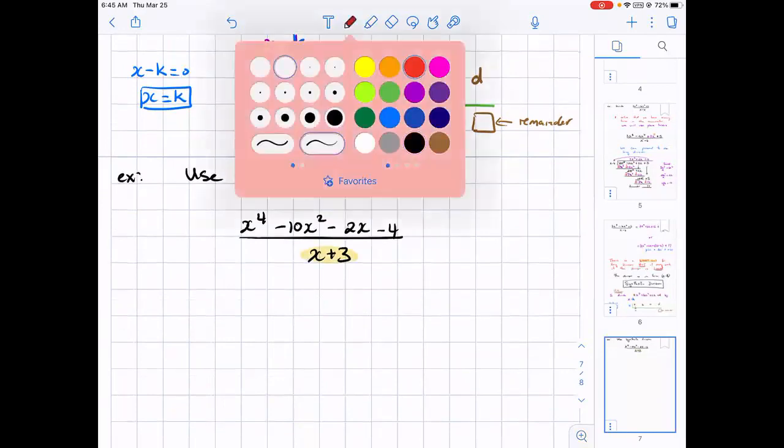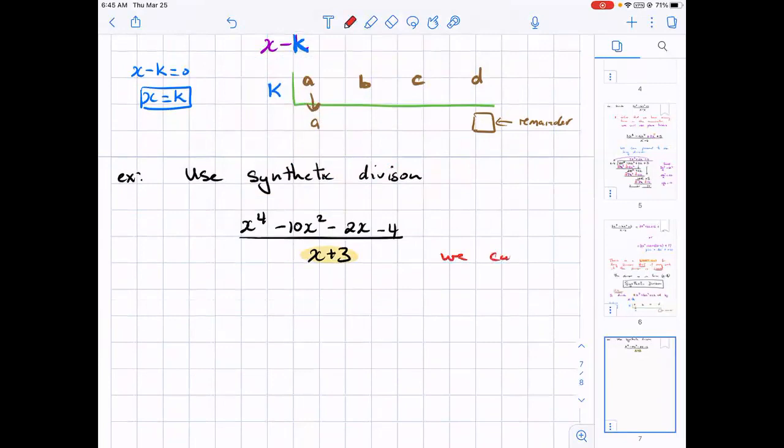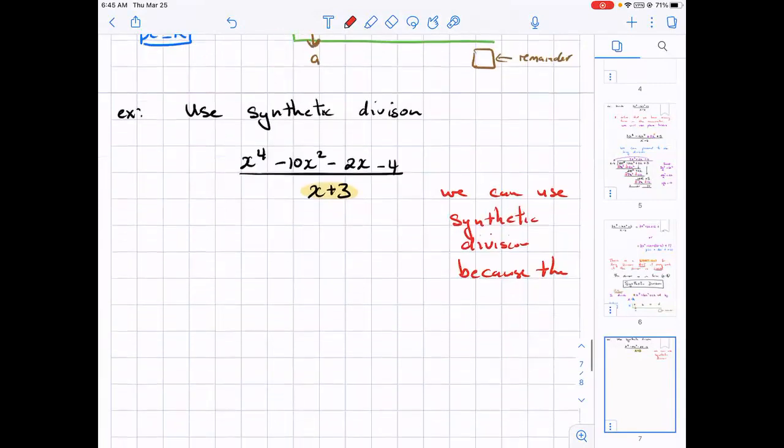So we can use synthetic division because the divisor is linear.